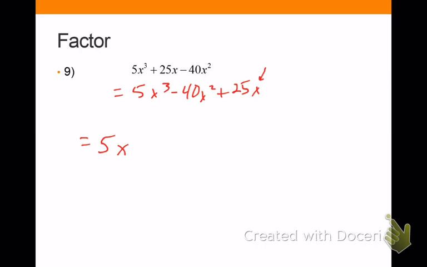Remember what we talked about before. Factors are two things that are multiplied together to get you back to your original expression or number. So what polynomial do I have to multiply 5x by to get back to 5x to the third minus 40x squared plus 25x? Well, just like with 8,712 and 3, we divided that out to see what the other factor had to be.